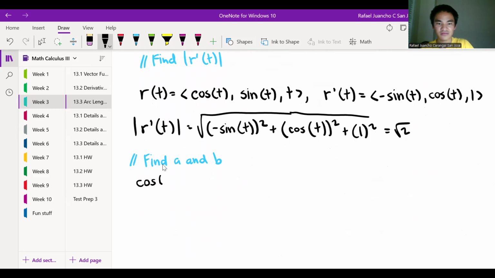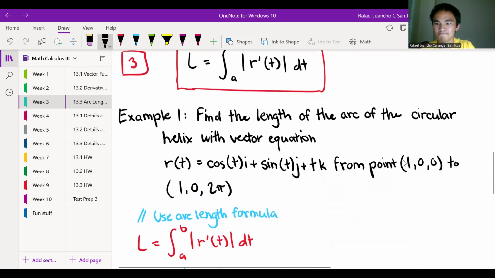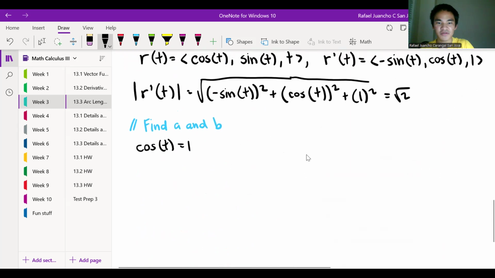So cosine of t is equal to 1, right? And so here my t is arc cosine of 1. And I can put this in radians. Yeah, this is 0, right?